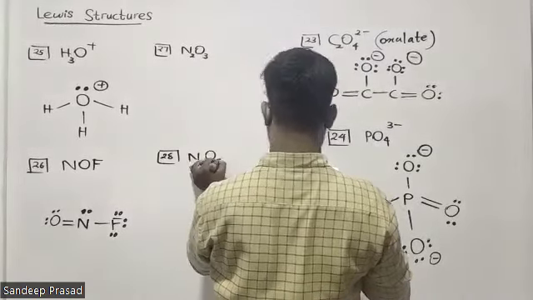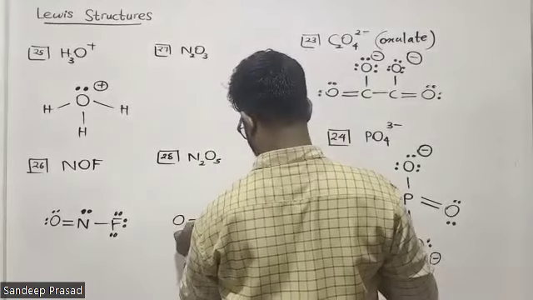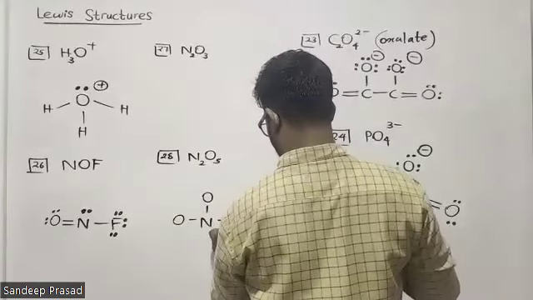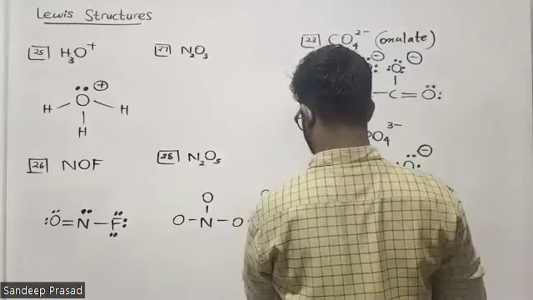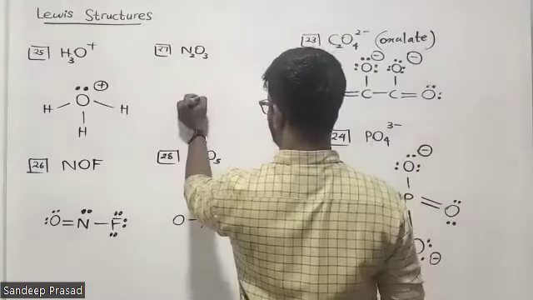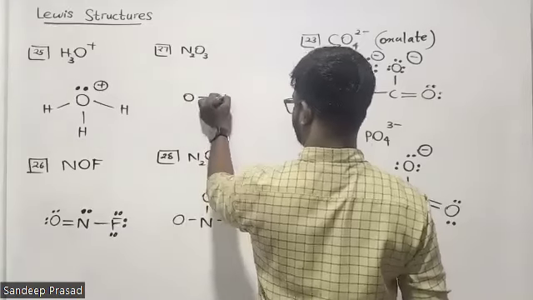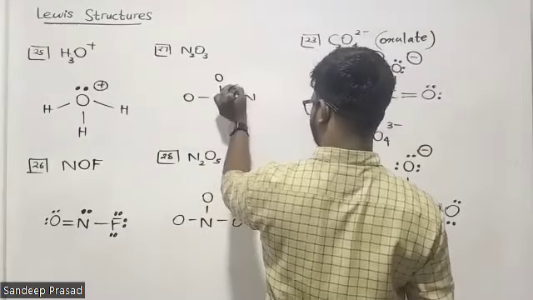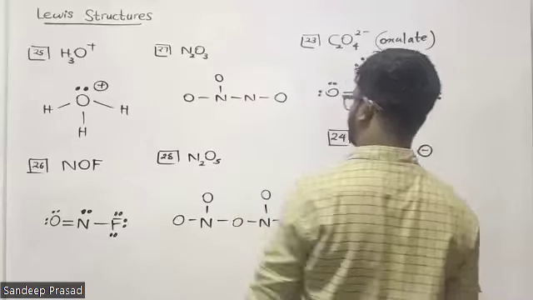N2O5. Shall I give you the skeleton for N2O5 also? Those who can try this one, now you can try. This is the skeleton, no? N2O5. So the N2O3 looks like this. In this way.